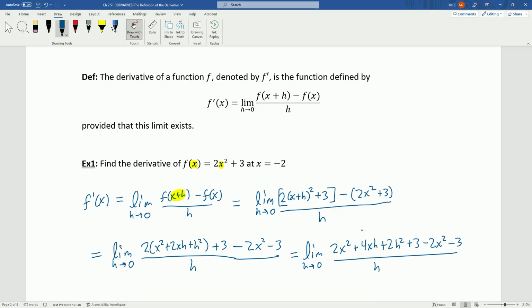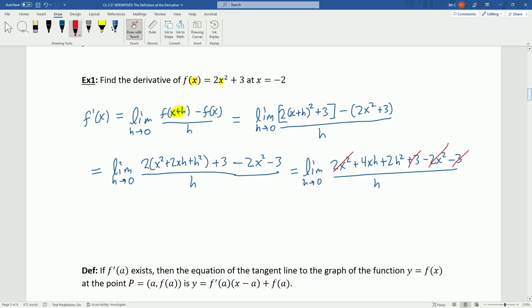Okay, now that I've done the distribution, let's see what we can cancel. We've got 2x squared and negative 2x squared. We've got 3 and negative 3. And so now let's go ahead and rewrite this limit.